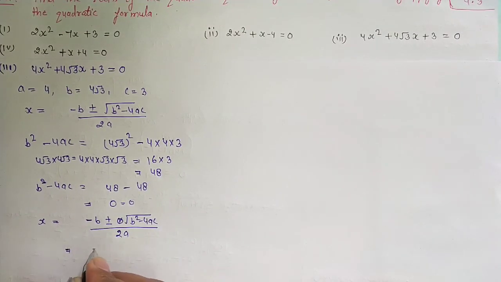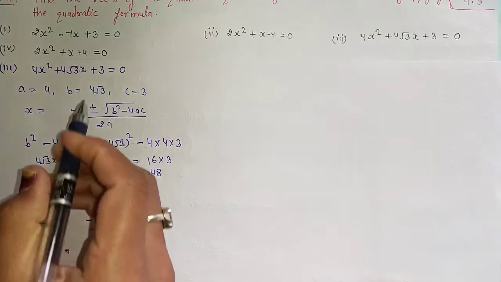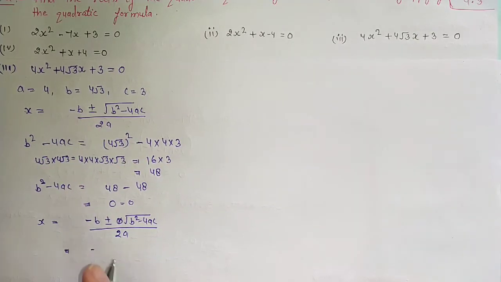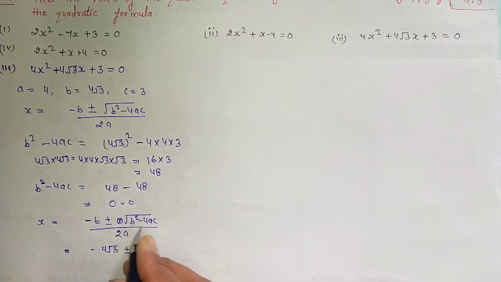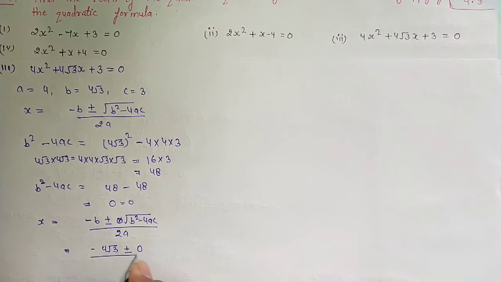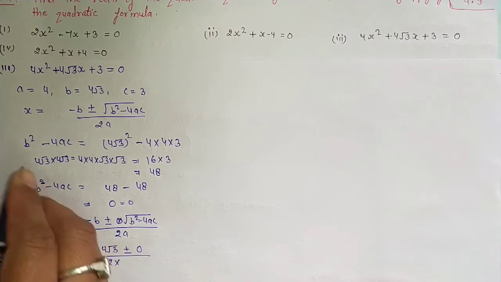Minus b, b is equal to 4 root 3, so minus 4 root 3 plus minus the value of b square minus 4ac is 0. Therefore, the value of root of b square minus 4ac becomes also 0, upon 2a, a is 4.